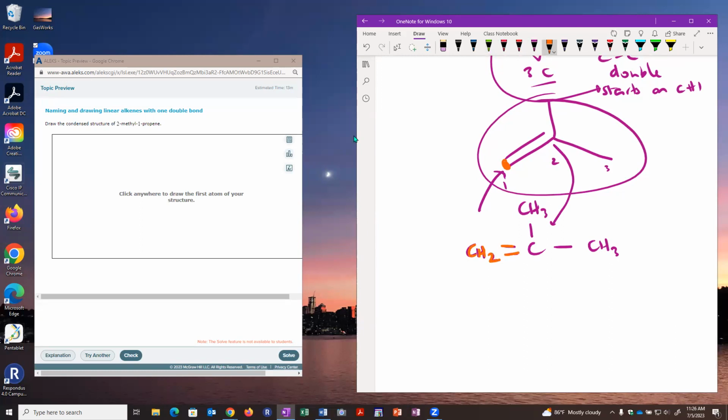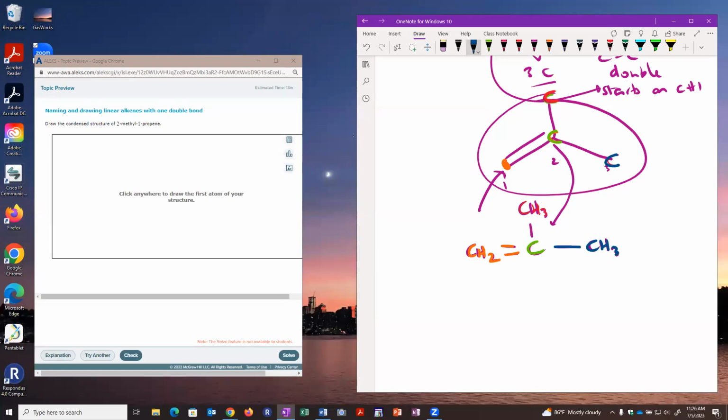In the middle here, this carbon, let's do that in green. That's my carbon here. On the top, I have a CH3 that's going to be in red. And then on the right side, I'm going to have my CH3 at the end here in blue.